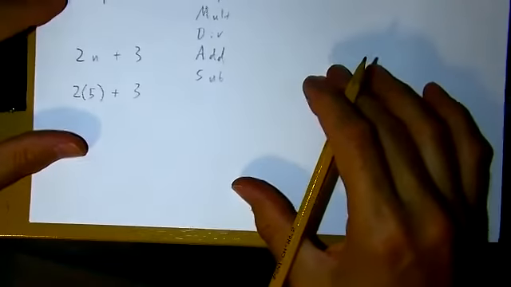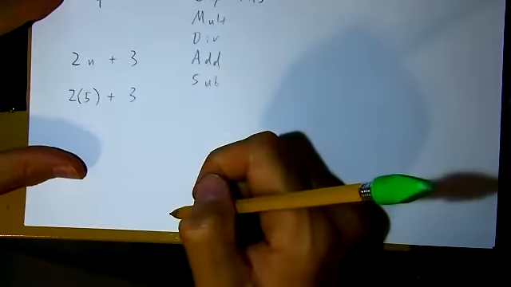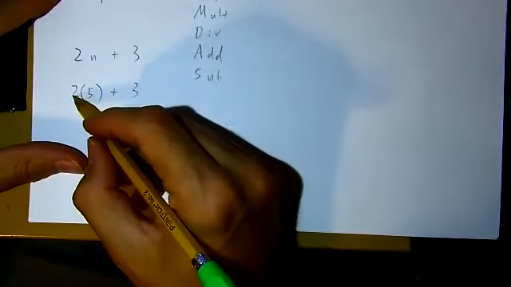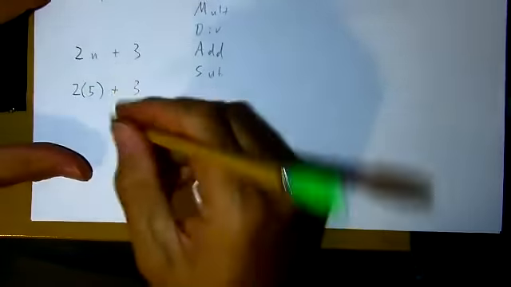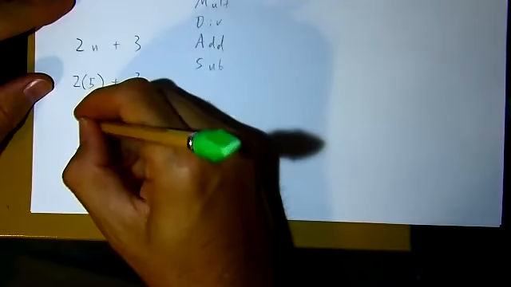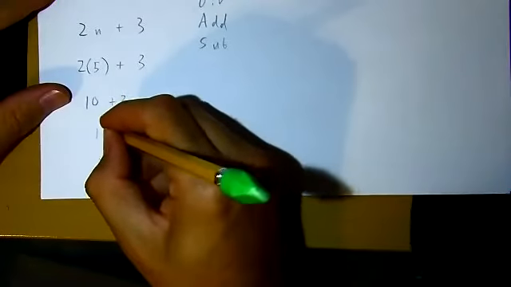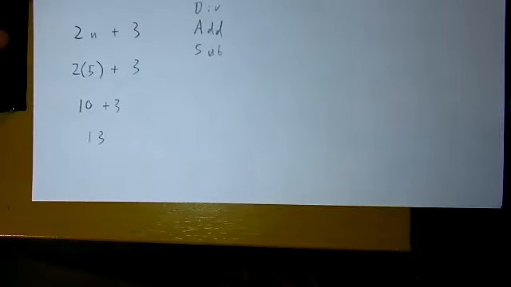So multiply and divide come before adding and subtracting. So we multiply the 2 times the 5. Anytime you have a number next to a parentheses, that means multiply. Of course, we already talked about it being multiplication up here. So you just have 10, bring down your plus 3, and then add those together. That's it.